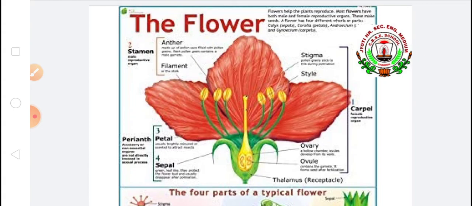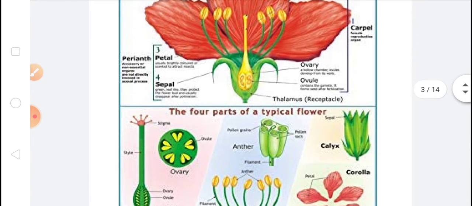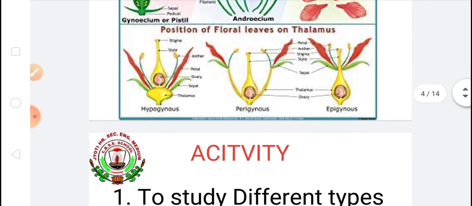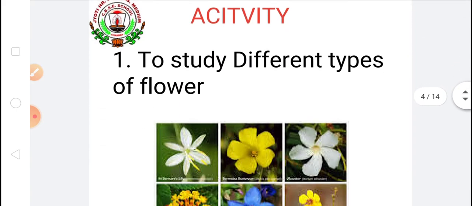Some flowers may have either stamen or carpel, or some have both stamen and carpel. I hope you understood all the parts of the flower.